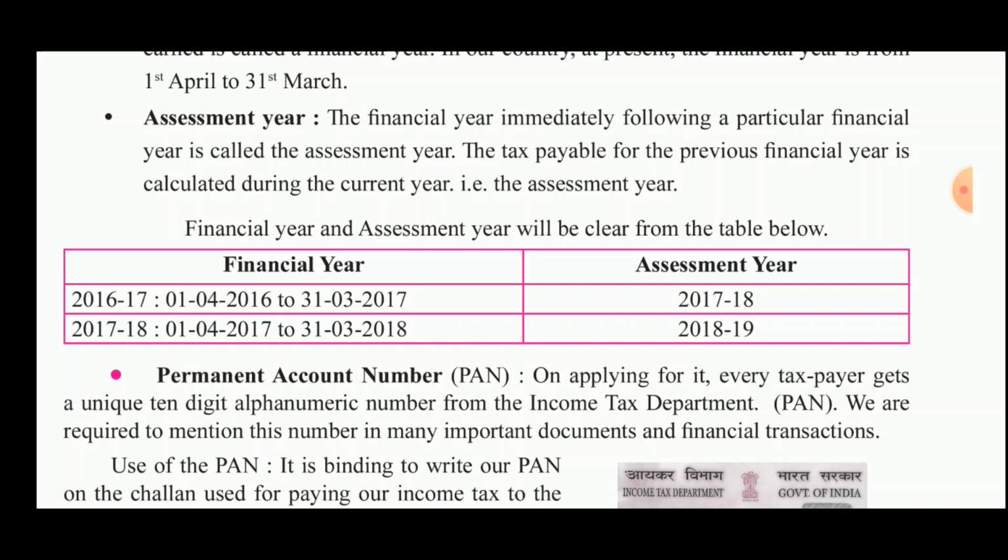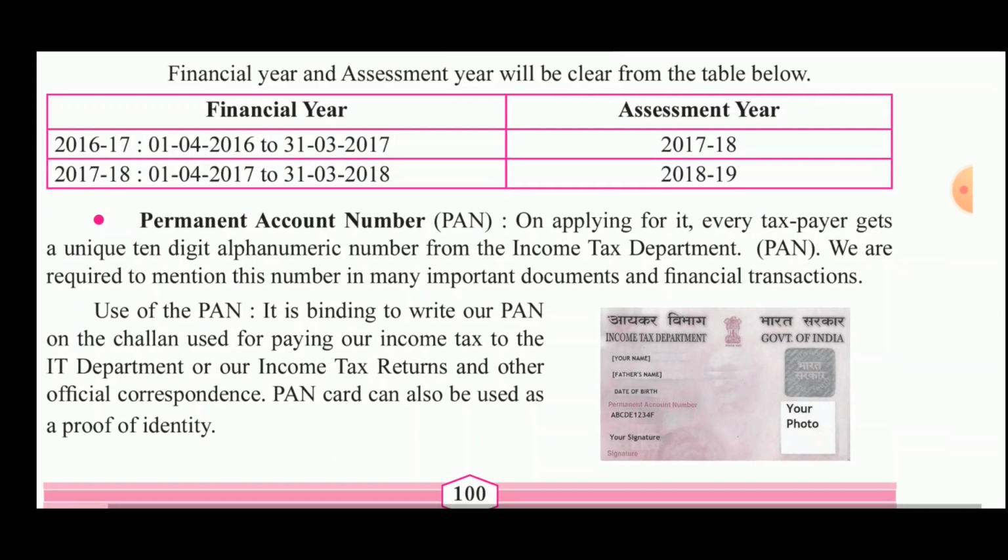If 1st April 2016 to 31st March 2017 is the financial year, then the consecutive year, that is 2017-2018, will be the assessment year. Then if 2017-18 is the financial year, then the assessment year will be 2018-2019. Okay, so the financial year precedes the assessment year, or the assessment year follows the financial year.